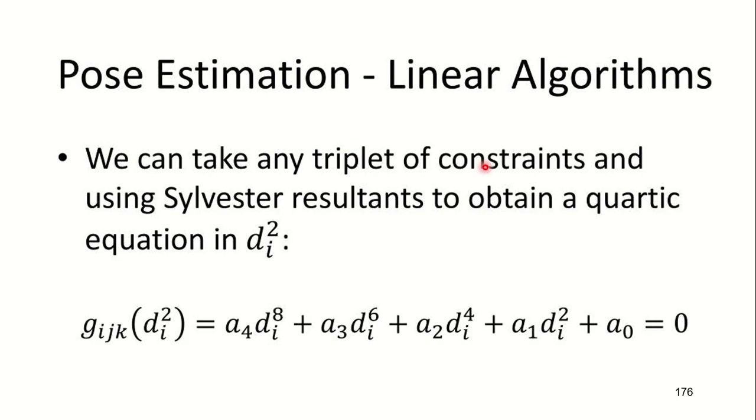We can take any triplet of constraints and use Sylvester resultants to obtain an equation in di square, that is gij of di square is equal to a4 di power 8 plus a3 di power 6 plus a2 di power 4 plus a1 di square plus a0, which is equal to 0. So this is a quadratic equation in di square.